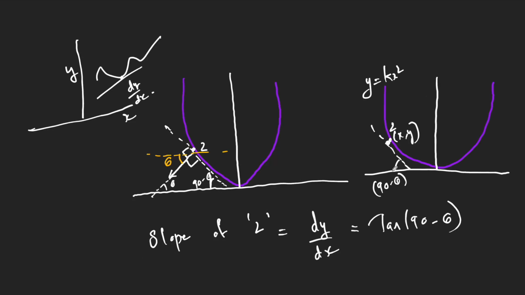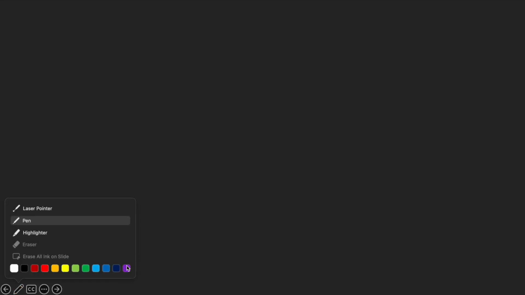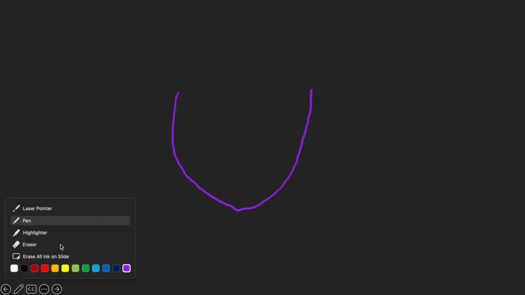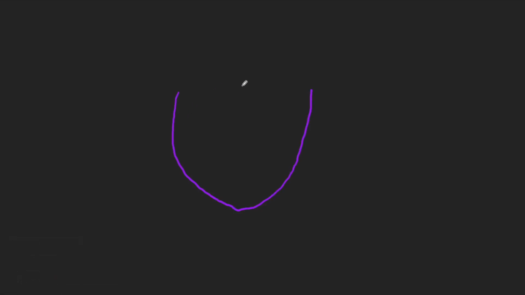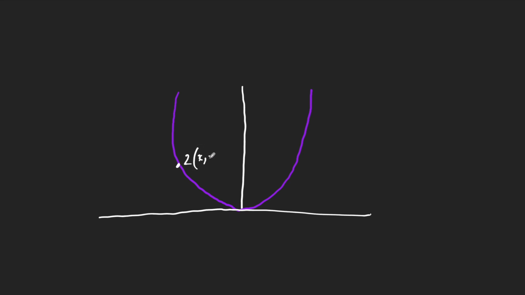That means the distance of that point: this is our wire, this is the y-axis, this is the x-axis. This is point 2, which has x, y as the coordinates.